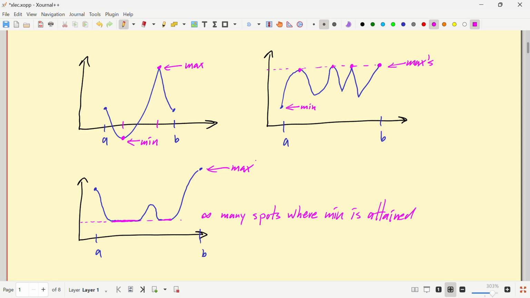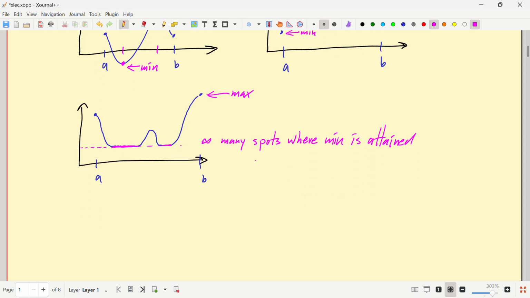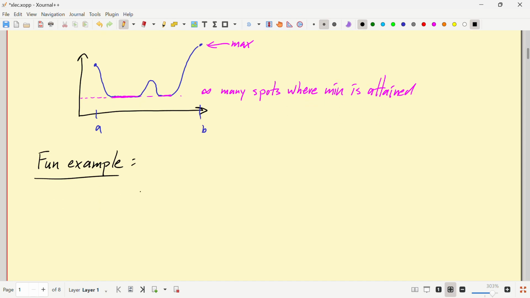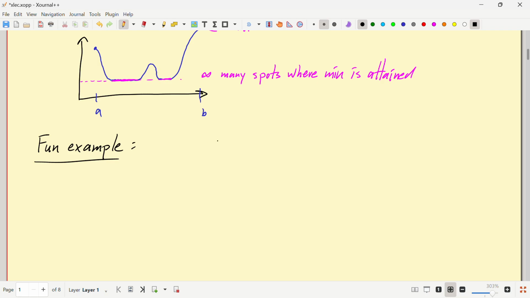Okay, and I kind of like this example to realize how wild and crazy things get. I showed you this function, h of x equals 0 at x equals 0 and equals x times sine 1 over x if x is unequal to 0.